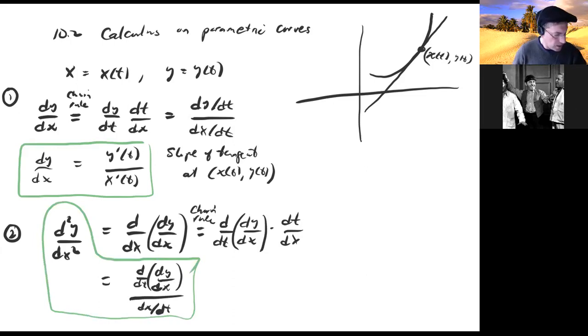Okay, so it makes sense to try to do a computation. So let's do a computation in the simplest case I can think of. Let's do it for the circle. Okay, so here's an example.